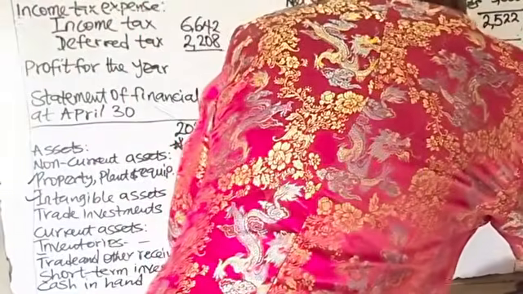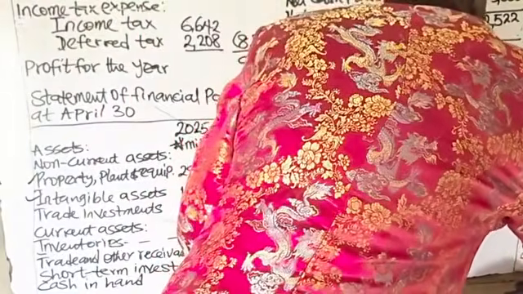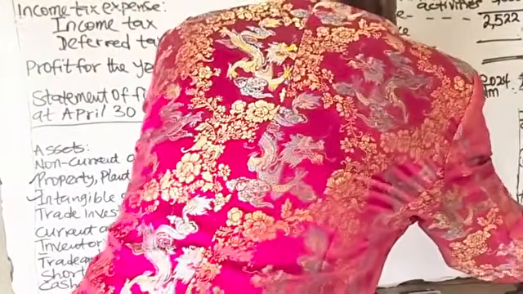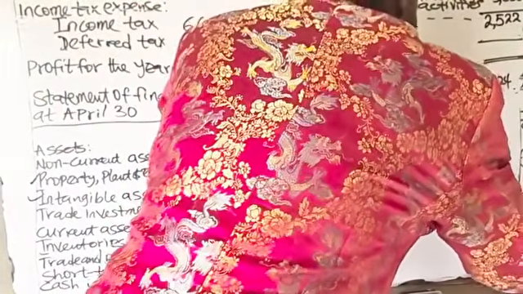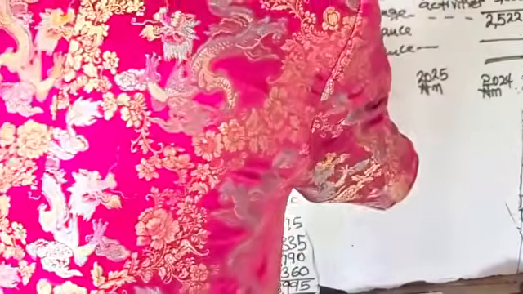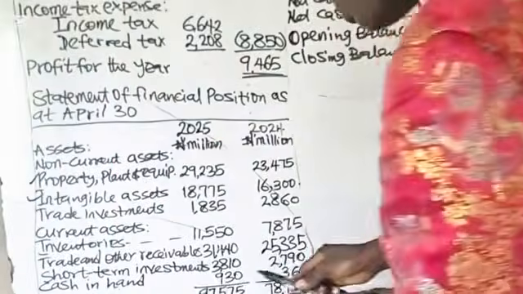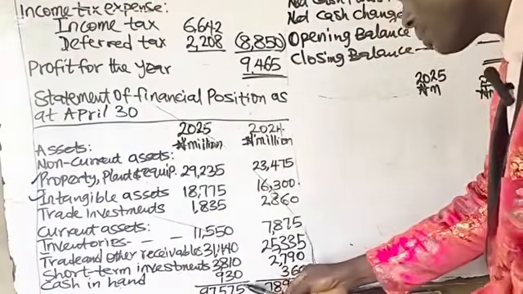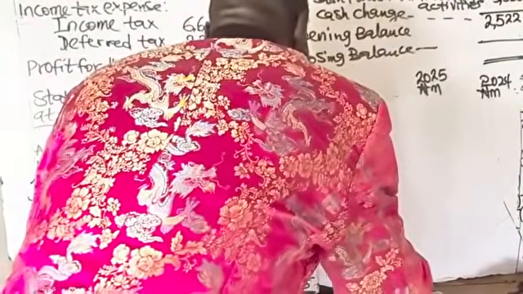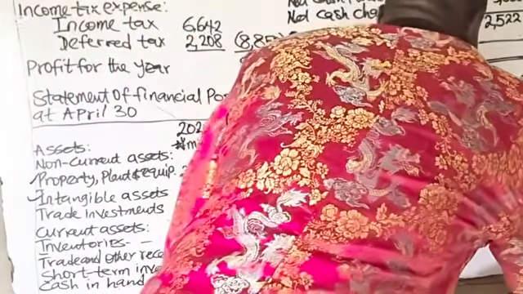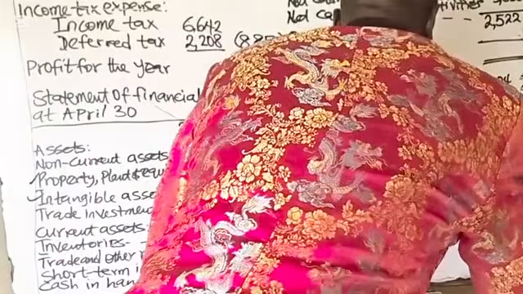This is 2024, which is the opening balance. The closing balance is 2025. Amount is in million. So what constitutes the opening balance? You have cash in hand, 360 and 930. The opening is 360. The closing is 930.